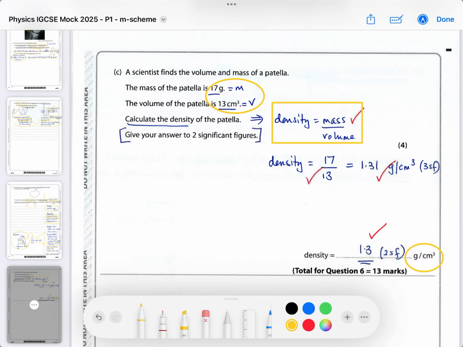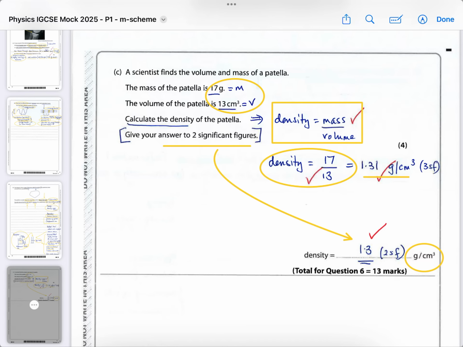So your answer should be to 2 significant figures. Put the numbers in, use the correct equation. That's 2 marks already. If you did 3 significant figures, it'll be 1.31. And if you forget to put it to 2 significant figures this time, you will lose the mark because they're telling you to put it to 2 significant figures. Okay? Be careful.